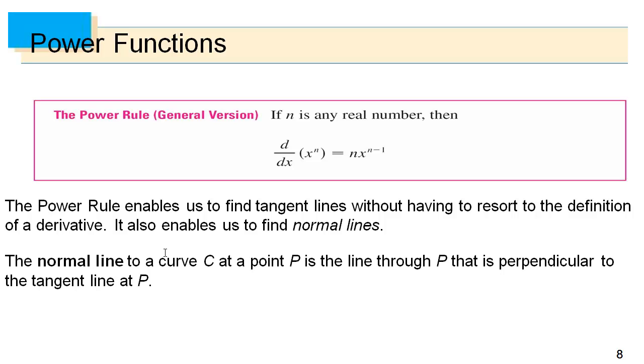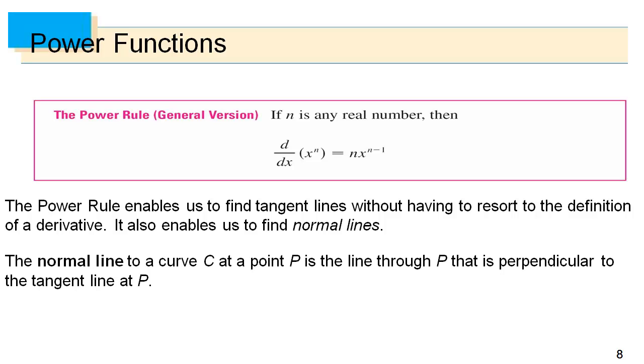Okay, so we can generalize the power rule. The derivative of x to the n is n times x to the n minus 1. We've already seen this, but the nice thing about the power rule is it enables us to find these tangent lines without having to use the definition, which is also going to allow us to find what are called normal lines.